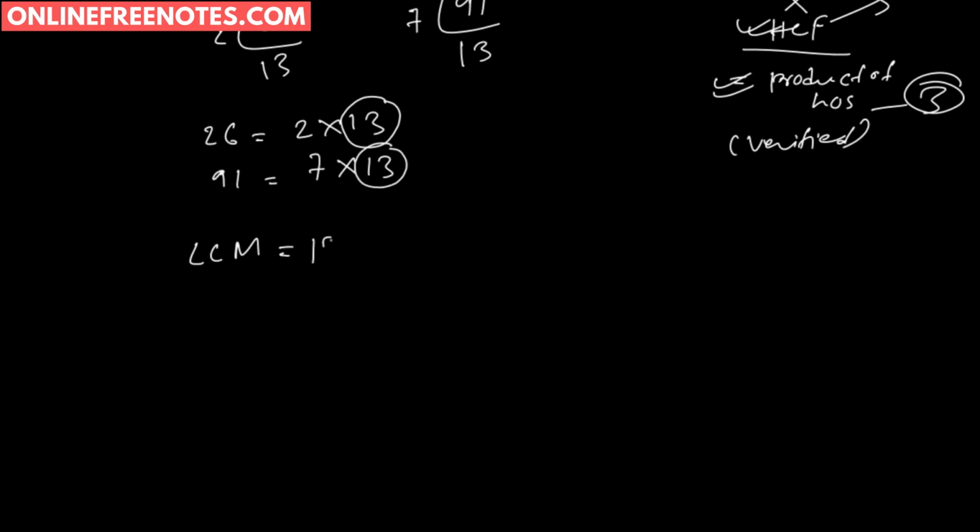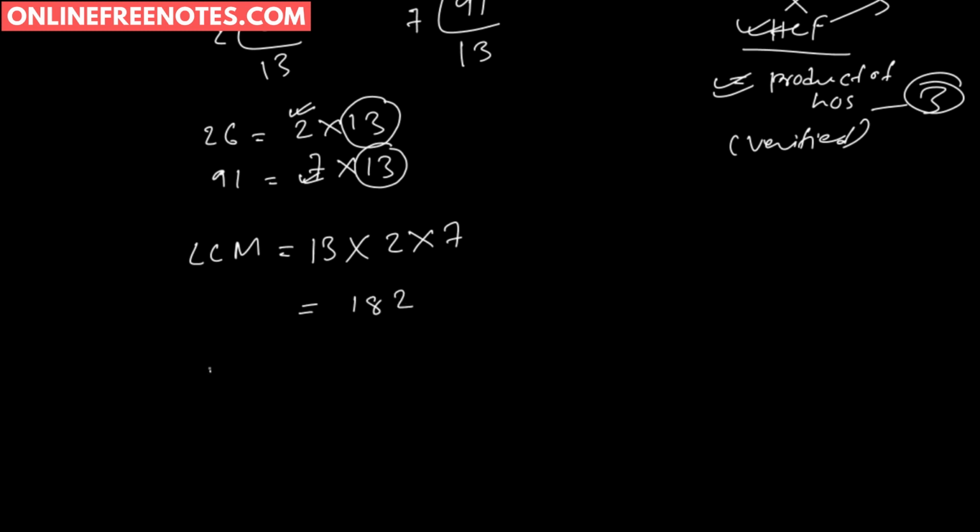So we are taking 13, and after we have taken what is common, we will take what are not common. In this case, this 2 and this 7 are not common, but we will take them anyway. And after we multiply them, we will have 182.